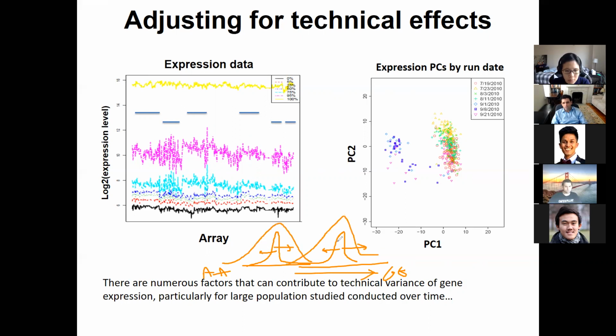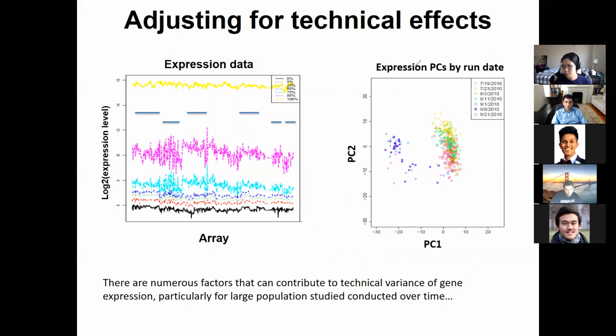So by narrowing down the distributions, by eliminating these confounders, I can basically have tighter distributions and therefore more power. So any kind of variance that is undesirable can basically reduce your power.